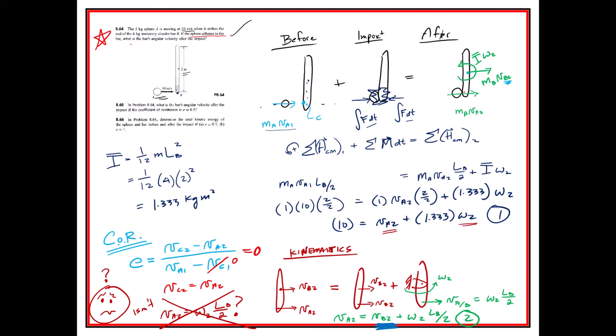Take a guess. Well, we have two equations and three unknowns: VA2, omega 2, and VB2.